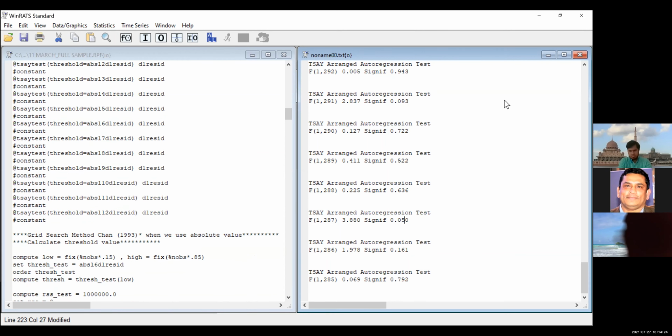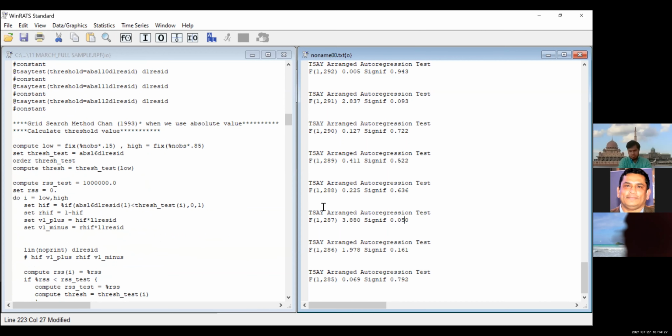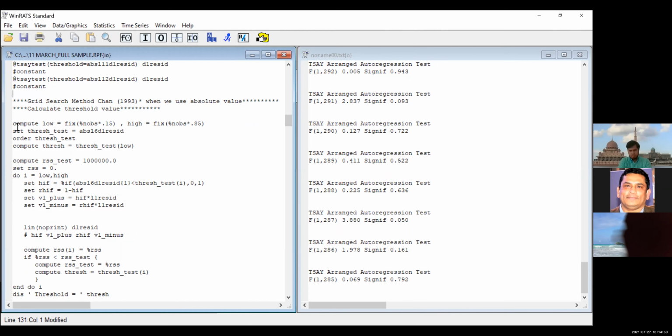I can't tell whether you could follow this, because there are so many equations, so many numbers. For estimating the threshold, we know that there is a threshold effect, but we don't know the threshold value. That's why we now move to identify the threshold value using the grid search approach of Chan 1993. This is something like when we use the absolute value to calculate the threshold value. You see in this code, for example, the number of observations 85 and 15.